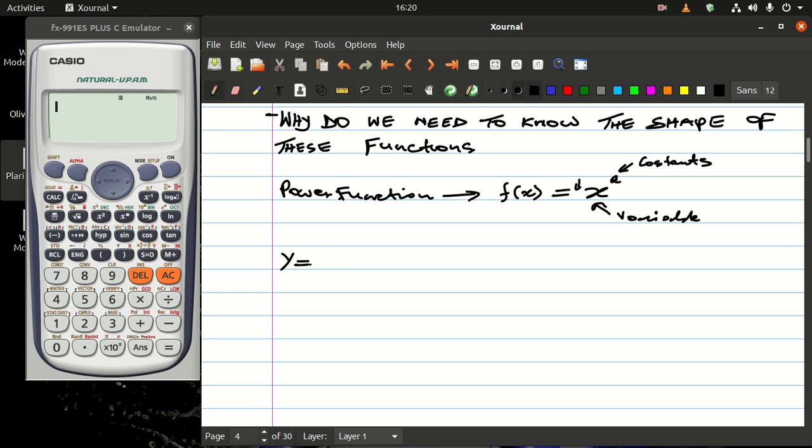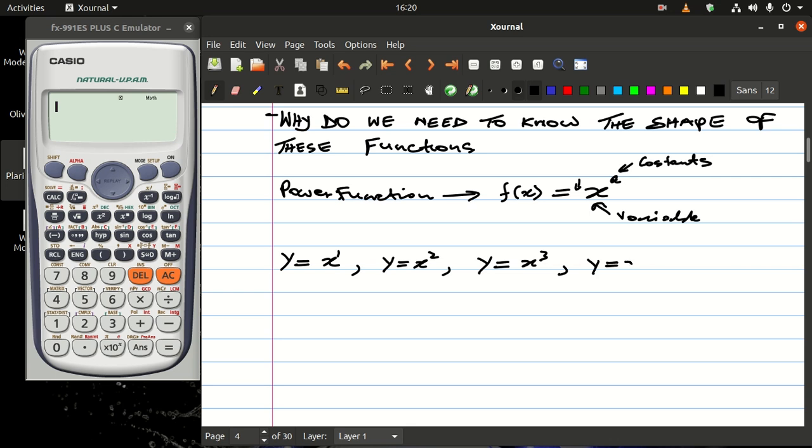You have y is equal to x. You can see that there is a 1 there, and 1 is a constant. So this one is a power function. If you have y is equal to x squared, 2 is a constant, and the base is only x. So this is a power function. Y is equal to x cubed, 3 is a constant, and x is the base. There is nothing in front of it, so this is a power function.